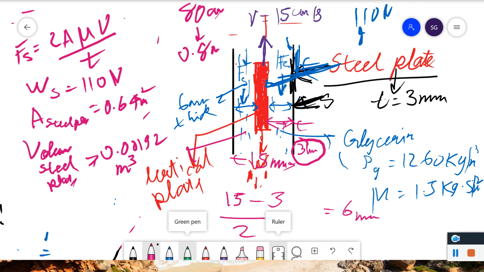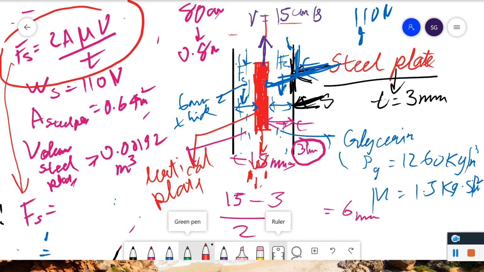So shear stress would be 2 into this formula. Area we know. Now we can just substitute this formula. This shear stress we are calculating.